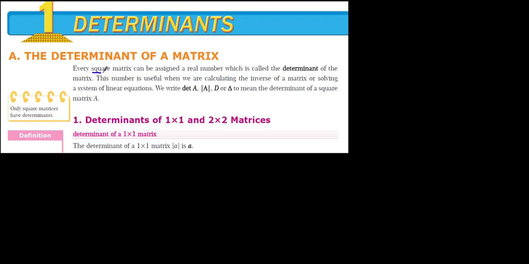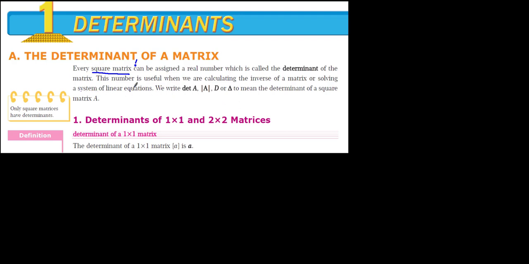Every square matrix, so it should be a square matrix, this is an important part here, can be assigned a real number which is called the determinant, and this number is useful when we are calculating the inverse of a matrix or solving a system of linear equations.